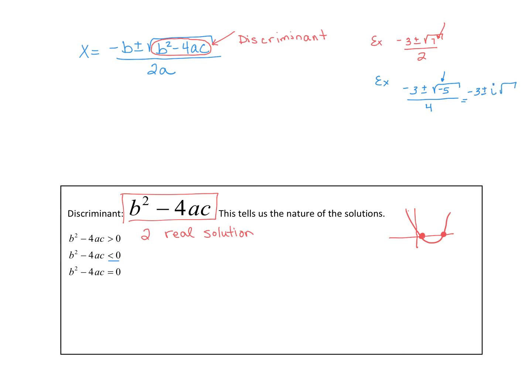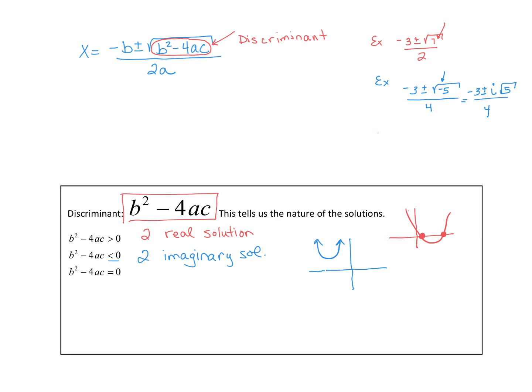So i root 5 over 4. So if that number is negative, we know we're going to have two imaginary solutions. Now, because they're not real, they're not going to cross the axis. So we're going to have a parabola that does not cross the x-axis. It could open up or open down.